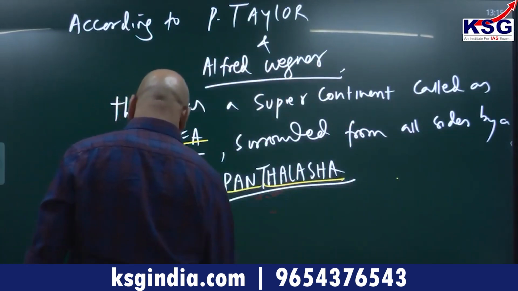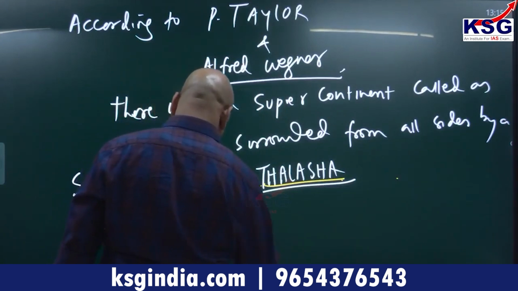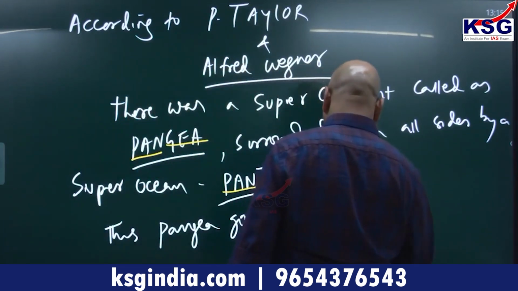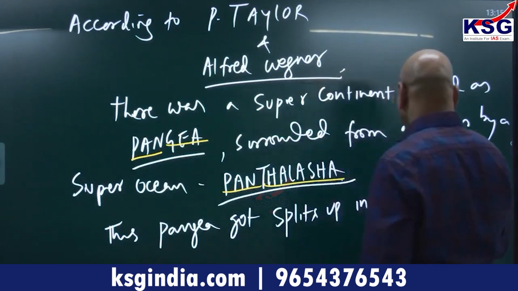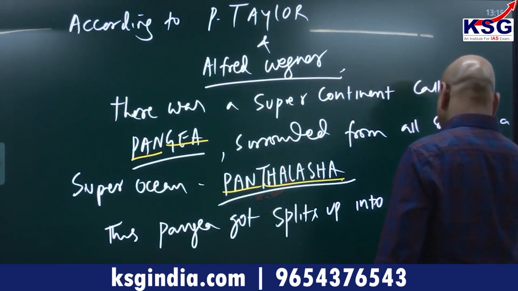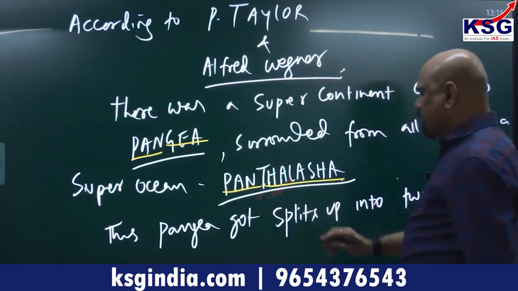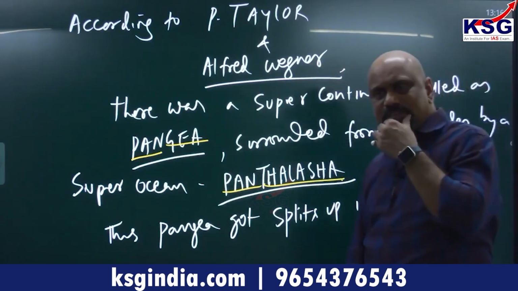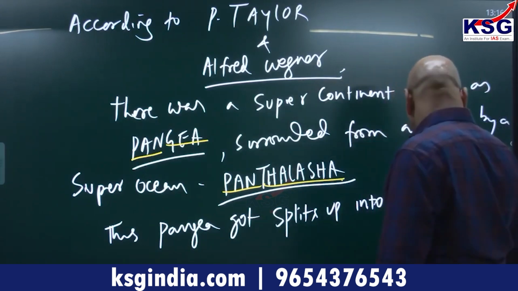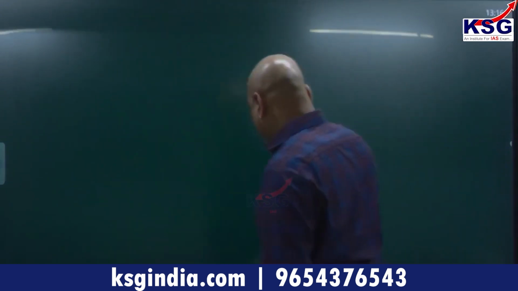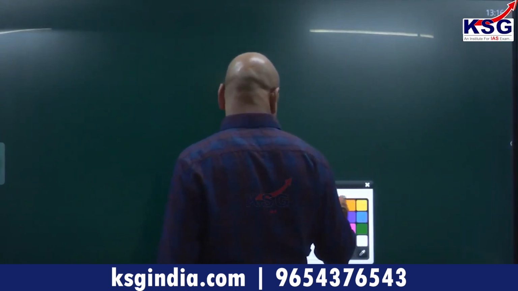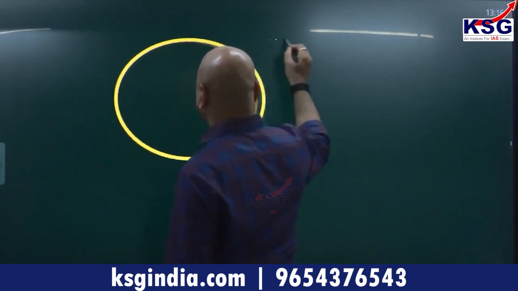This Pangea got split up into two parts. One is Laurentia, another one is Gondwana land. So earlier there was one supercontinent.